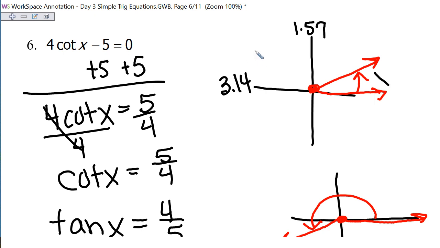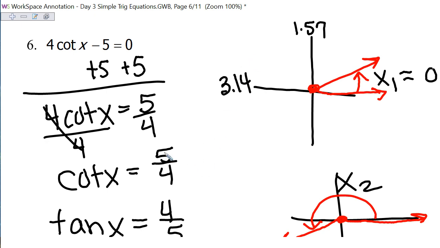So this is x1, which is about 0.675. This angle is our second angle, so I'll label that one x2. If I'm trying to find x2, how would I find this entire angle? Add pi to what? Yeah, this is the same reference angle.